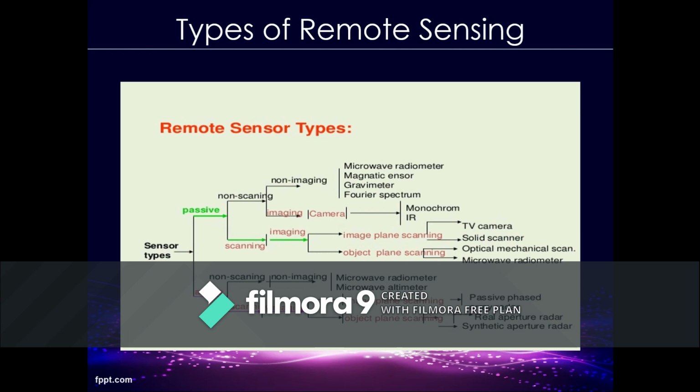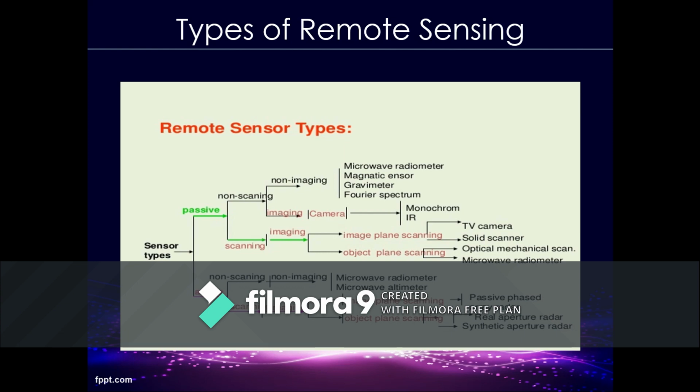Passive remote sensing makes use of sensors that detect the reflected or emitted electromagnetic radiation from natural sources. And active remote sensing makes use of sensors that detect the reflected responses from objects that are irradiated from an artificially generated energy source such as radar.